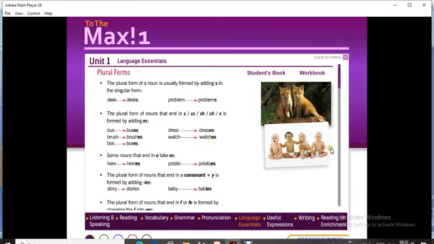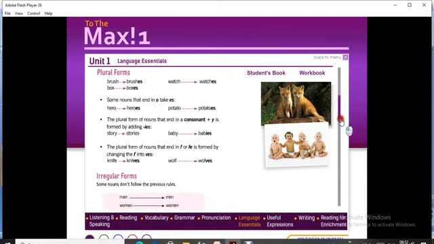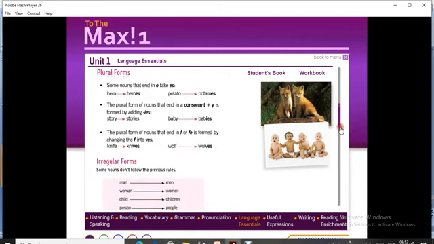Rule number 3: some nouns that end in O take ES. Some nouns, not all. Hero, heroes. Potato, potatoes. Tomato, tomatoes.